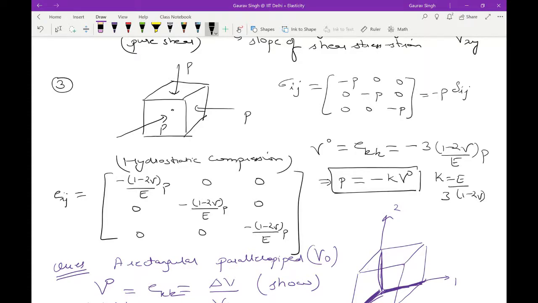So that would be kappa, and this is called the bulk modulus.